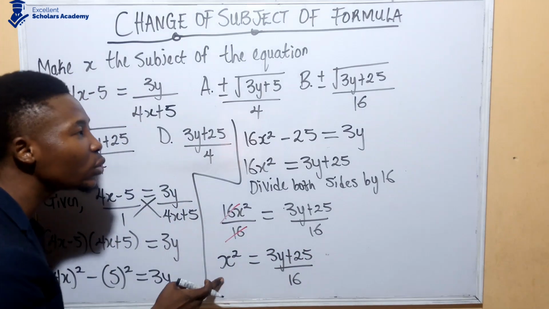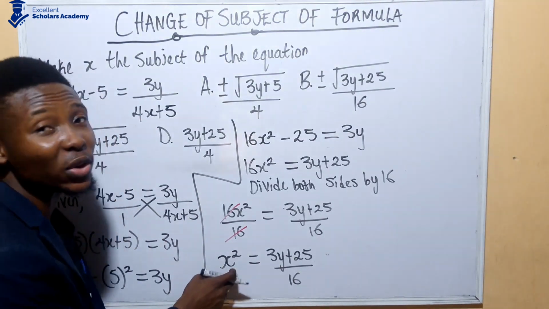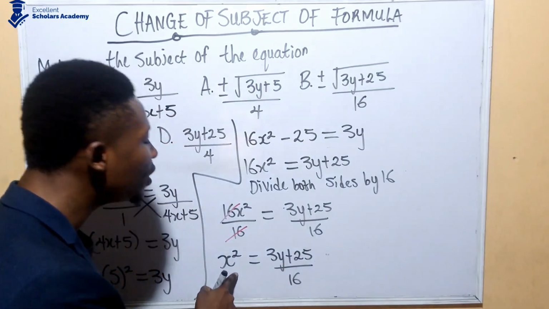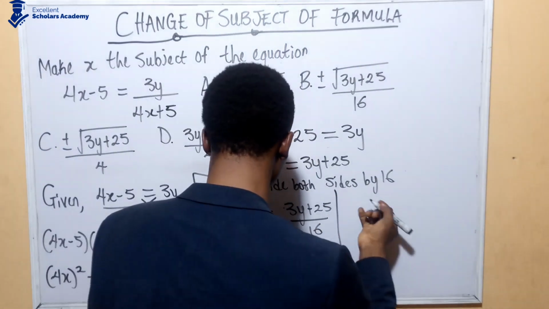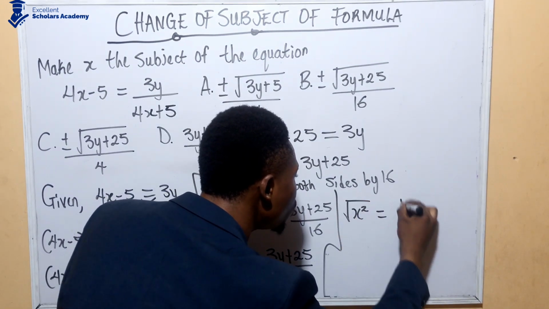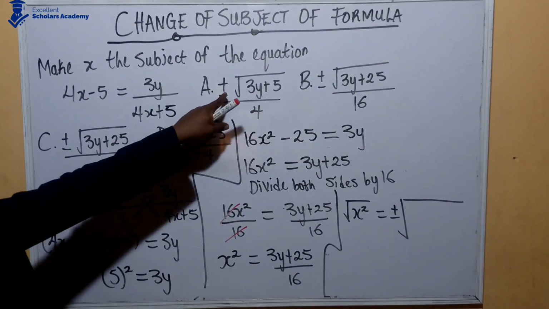Now, you were not asked to make x squared the subject. You were asked to make x. So what do you do? You take the square root of both sides. All right. So when you do that, what do you have? It becomes square root of x squared is equal to square root. Now, of course, you introduce your plus or minus because even in the options, you can see plus or minus.